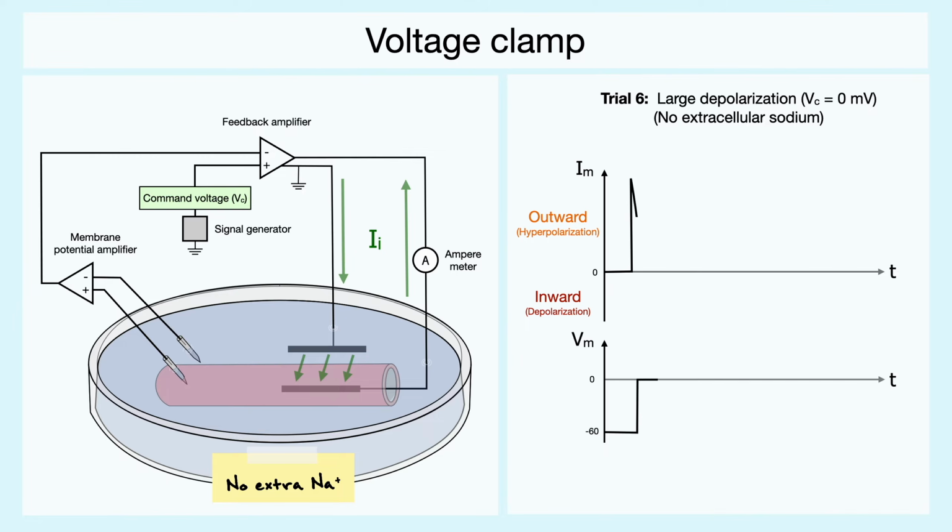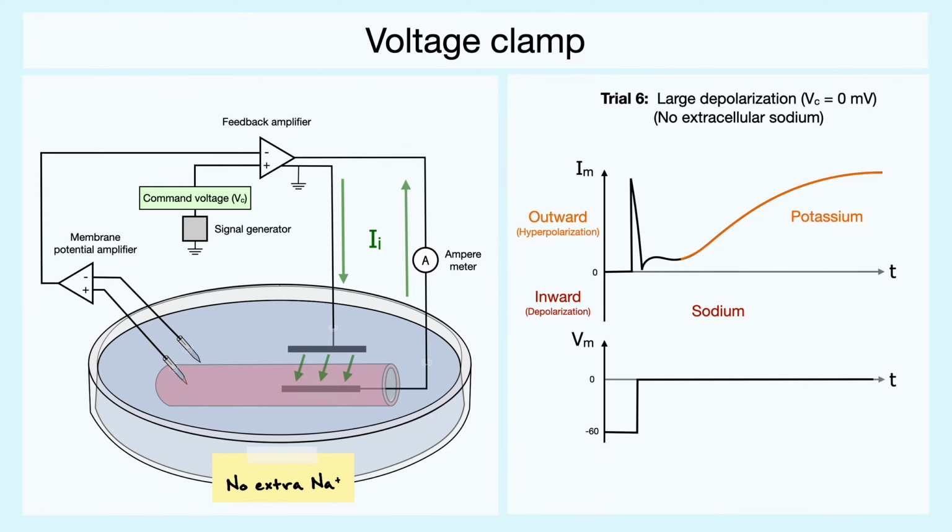Indeed, when the voltage is clamped, there is no early inward current, but rather an early outward current, which further proves that sodium is responsible for the inward current under physiological conditions. This experiment also shows that even without outside sodium, there is still a prolonged outward current, which is caused by another ion.